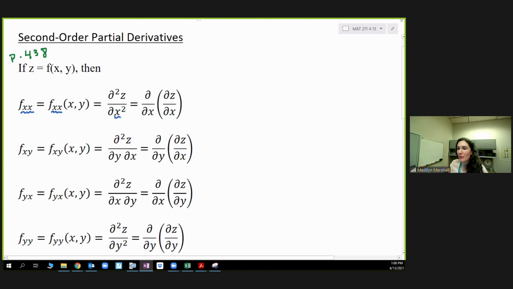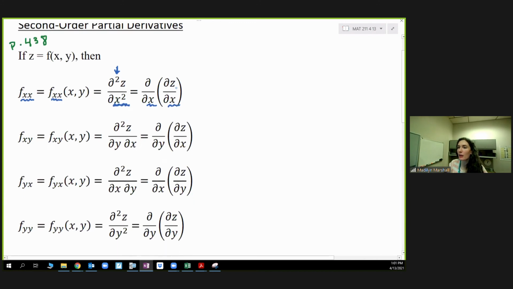But if we look on the bottom here, the little x squared is representing we're doing the x twice. So that means do the derivative of x 2 times. On top, the square is on the d. We did see that a little bit when we were doing second derivatives before, but we were mostly using the prime notation. So if we have an x squared in the denominator, or this last notation we won't really use that much, but if there's just 2 x's on the bottom, that's saying take the derivative with respect to x both times.